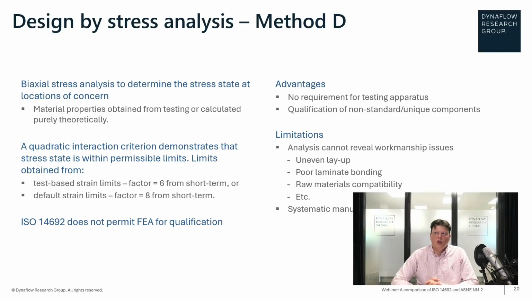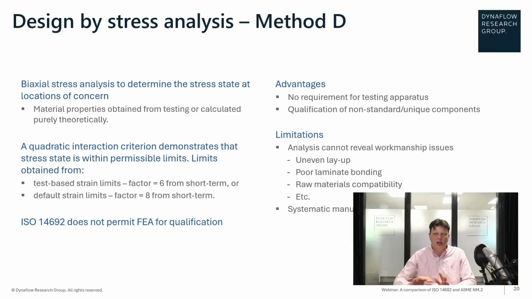However, there are some limitations here, because what this means is that, one, it's in theory possible to qualify a pipe from purely theoretical values. So of course you end up with a factor of 8, but then the qualification is completely theoretical. The component has never been manufactured. But it's also more to the fact that analysis cannot reveal workmanship issues.